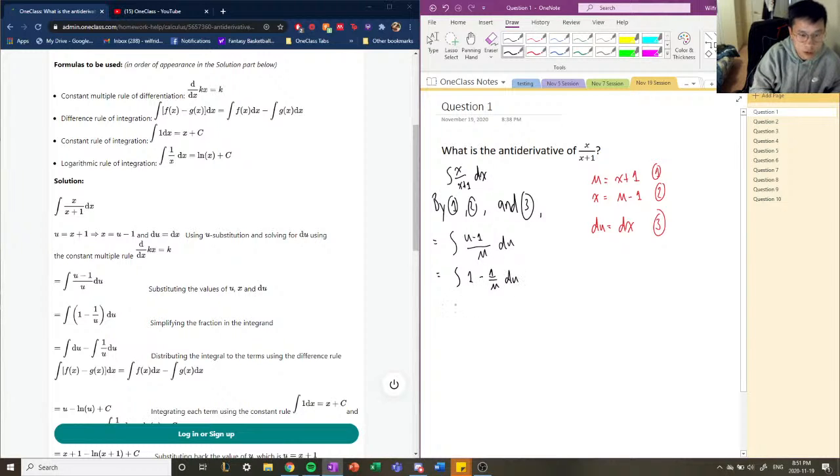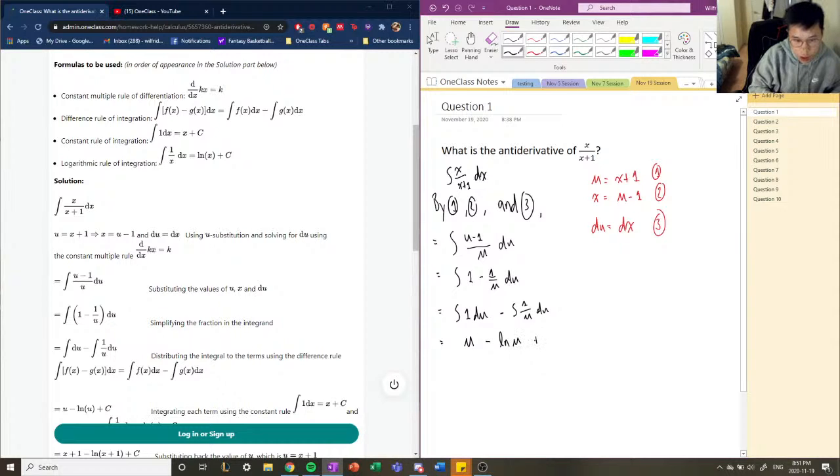We use the difference rule of integration to separate this integral into the integral of 1 du minus the integral of 1 over u du. Okay, and we know that using the constant rule of integration this just equals u, and this just equals ln, so minus ln of u.